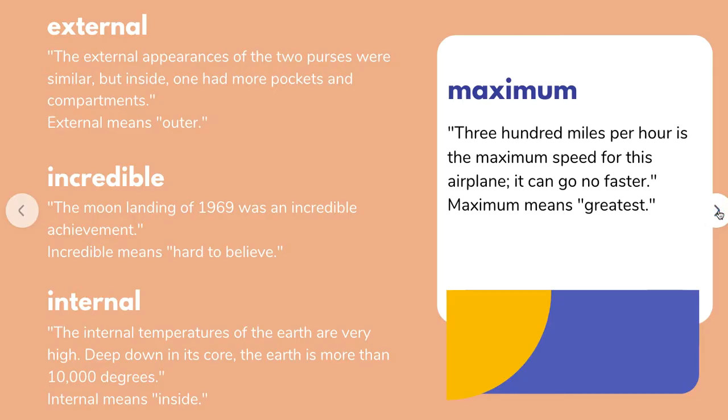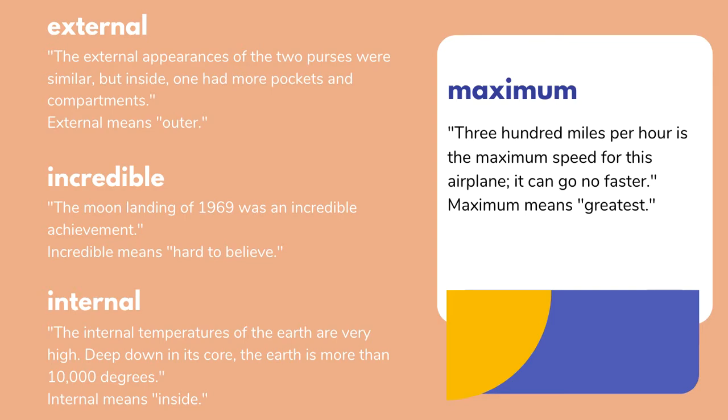Number 3, external. "The external appearances of the 2 houses were similar, but on the inside the homes differed quite a bit." I tweaked it a little in my example: The external appearances of the 2 purses were similar, but inside one had more pockets and compartments. External means outer.